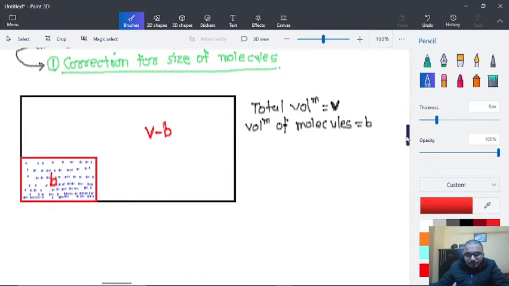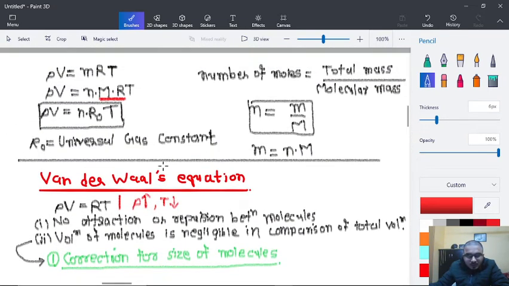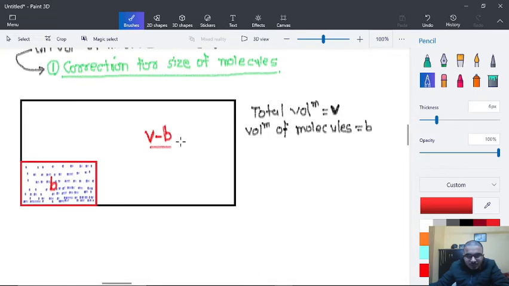So the actual volume which is available is V minus b. In this equation we will not be using V; instead of V we need to use V minus b, because that is the only volume which will be available.